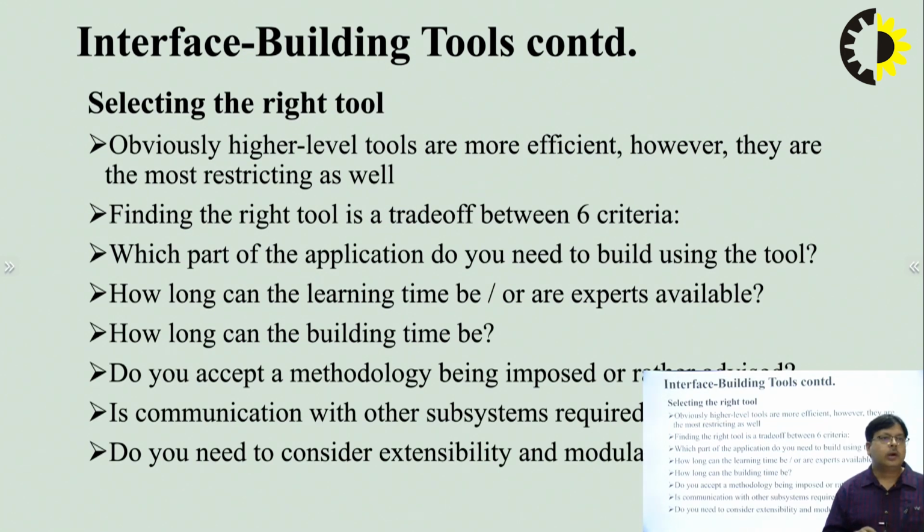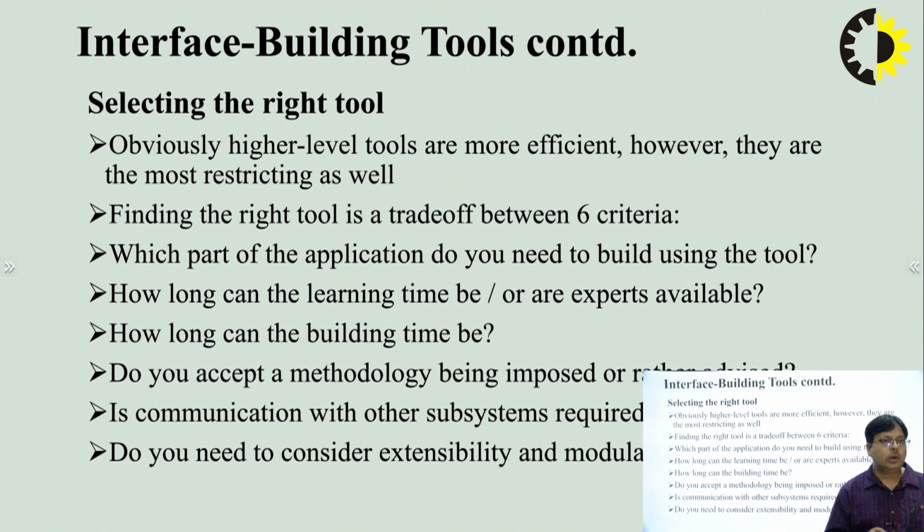So now we come to the discussion of how to select the right tool for our need, right? These are some do's and don'ts in selecting the right tool for fulfilling our need. First, obviously, higher level tools are more efficient, however they are more restricting as well, and costly.